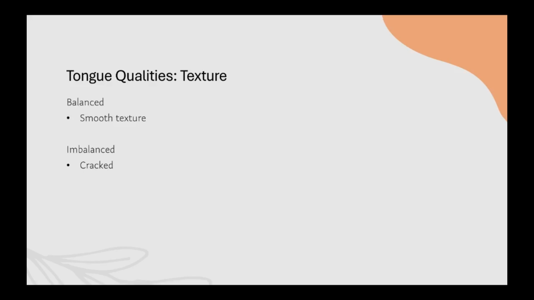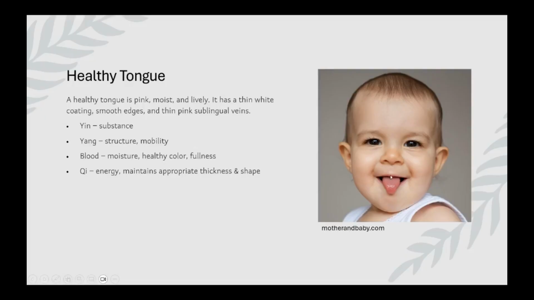Next, the texture. So simply seeing whether the tongue is smooth or cracked. This would be on top of the tongue. You might see, most typically, a crack right down the middle of the tongue. So going back to this, this is a smooth texture of the tongue.